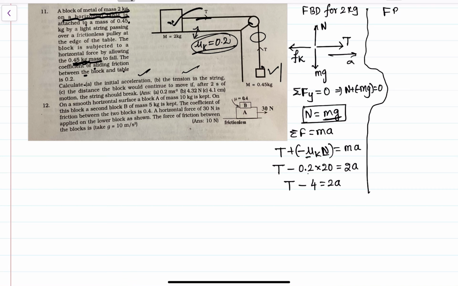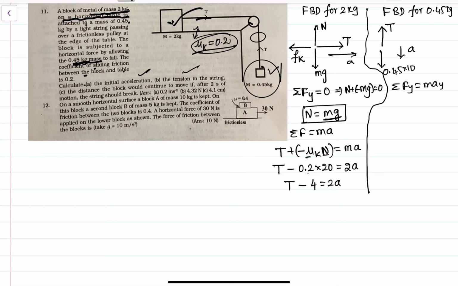Similarly, draw the free body diagram for 0.45 kg. In this free body diagram, upward is tension and downward is the gravitational force, that is 0.45 into 10. The block is accelerating downwards with the same acceleration as the 2 kg block. So there are no x components of force in this case, only y components. I am applying sigma Fy equal to ma since it is accelerating.